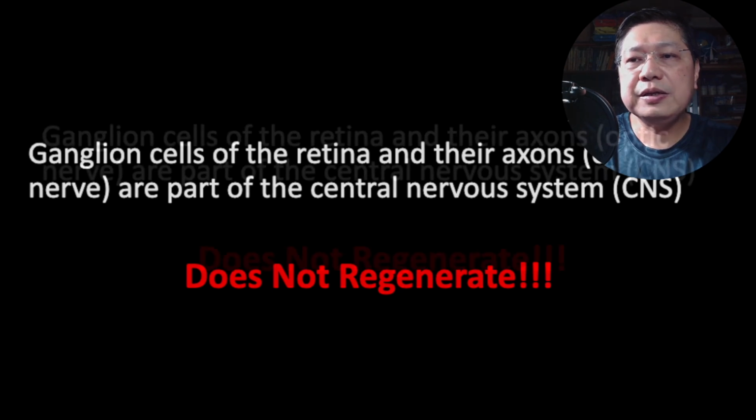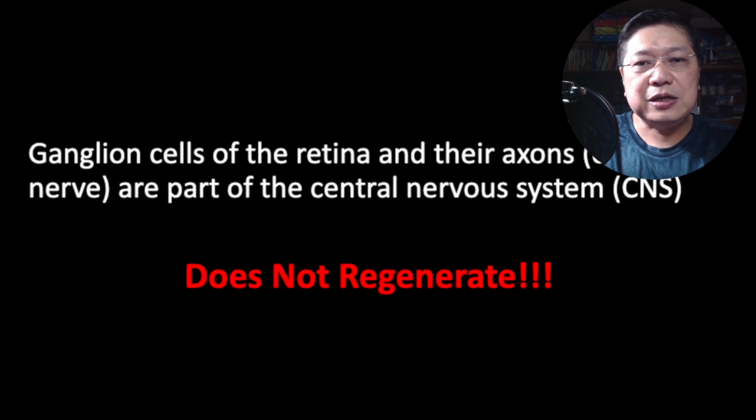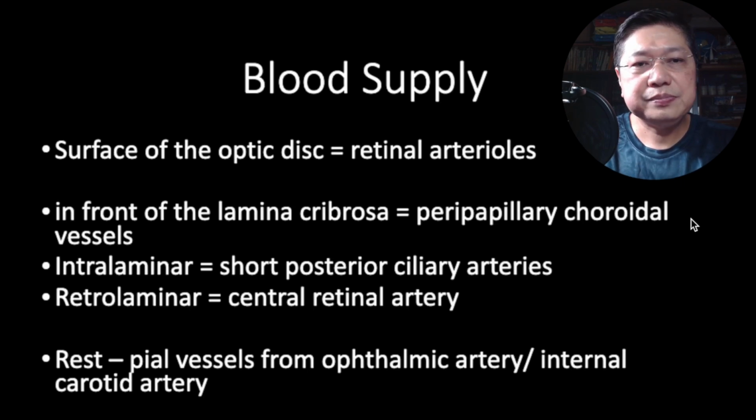Again, I need to remind you that it's part of the central nervous system. It does not regenerate. If this dies, that's it. You're going to be blind unless science comes up with a different option for you. It's not going to come back.